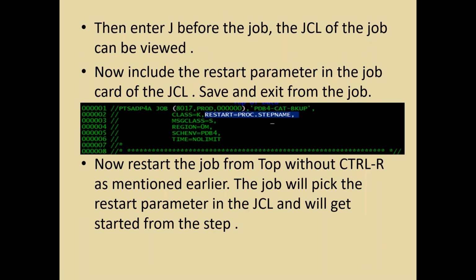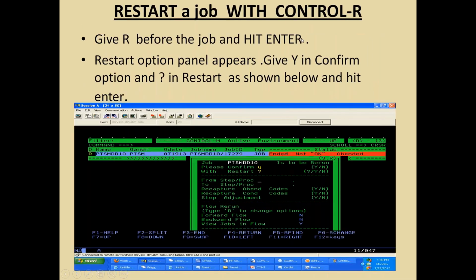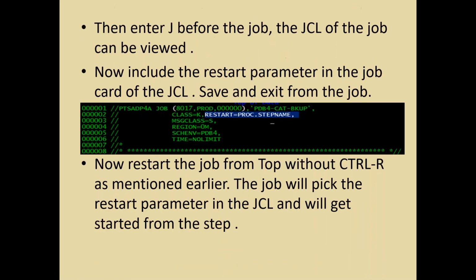In the JCL, you have to go with the normal job card restart. Then enter J before a job. The JCL of a job can be viewed. Now include the restart parameter in the job card of the JCL.